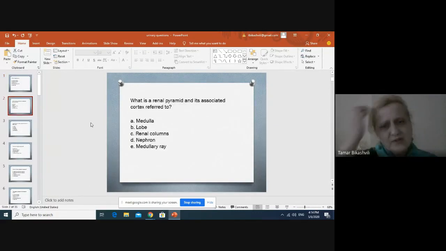Then, what is the renal pyramid and its associated cortex referred to?